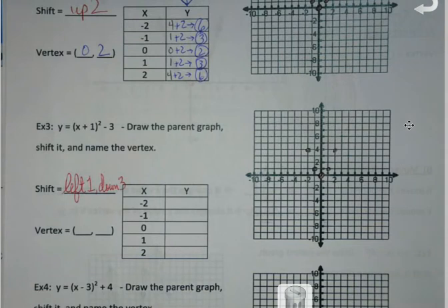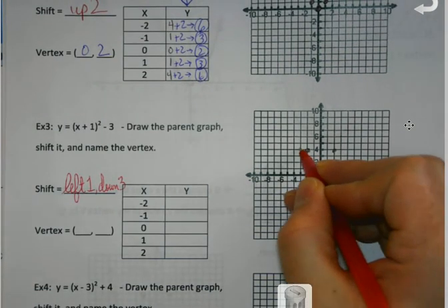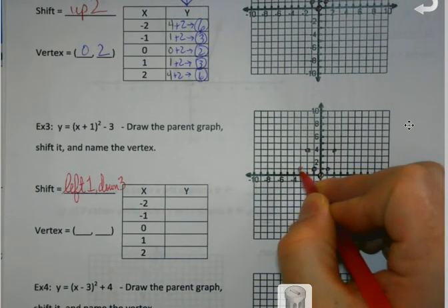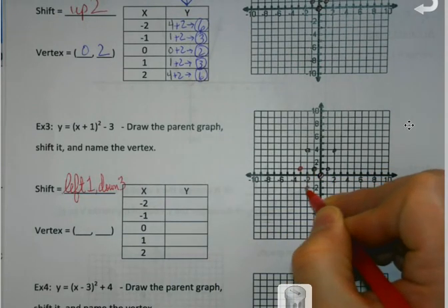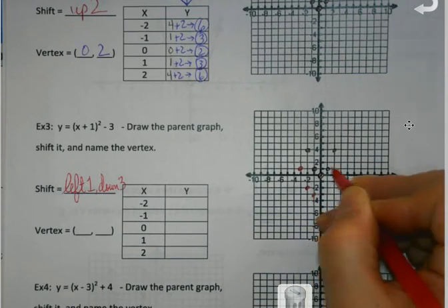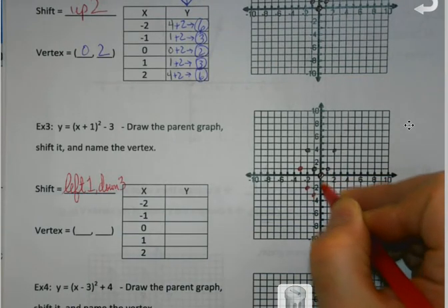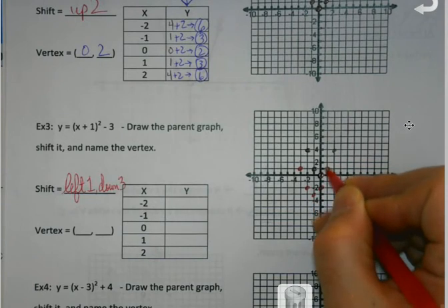So I got 2 things I'm doing with each point now. Initial point, I go left 1, and I go down 3. Left 1, down 3. Left 1, down 3, which hits me on that dot again.